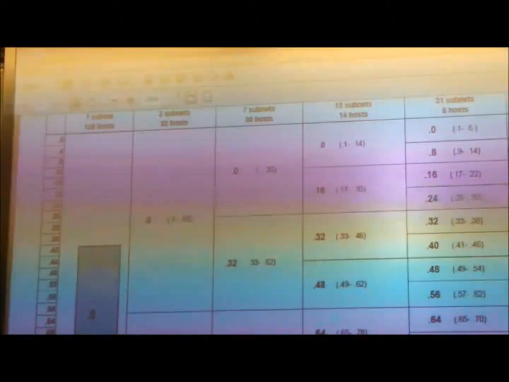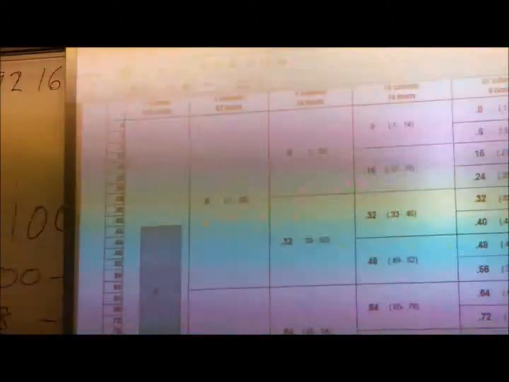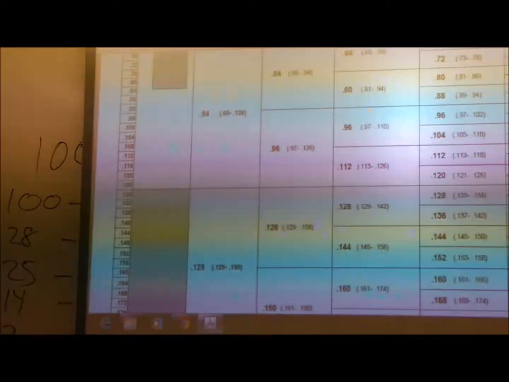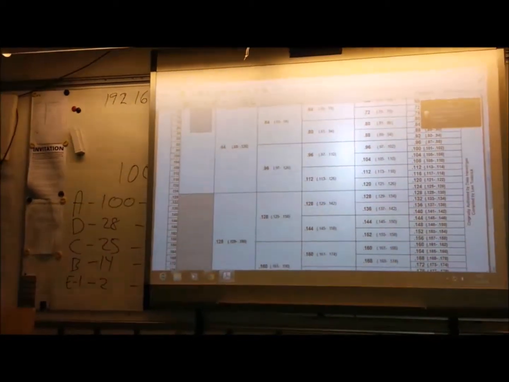It's the first network, so it gets the first address, address 0. Address 0 means everything from 0 to 127 is used. 128 is the address of the next network.